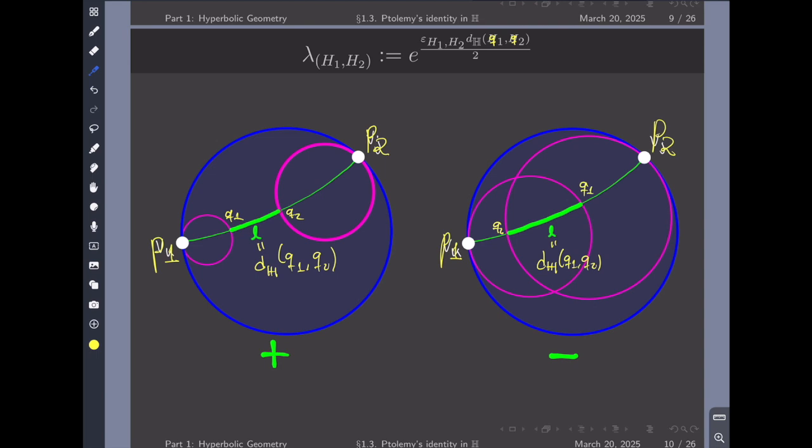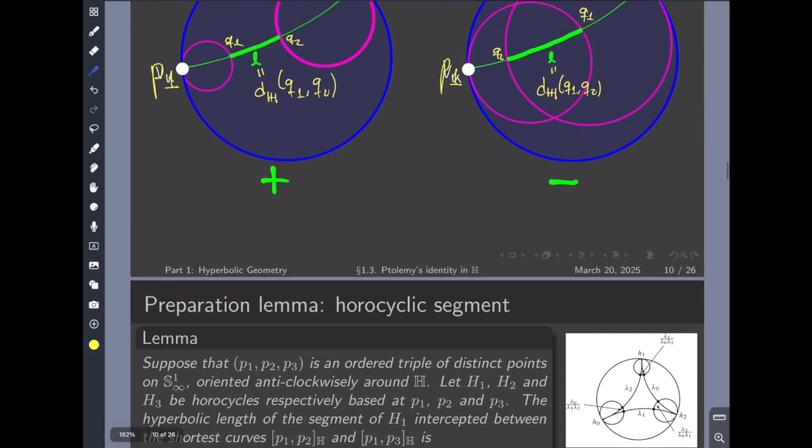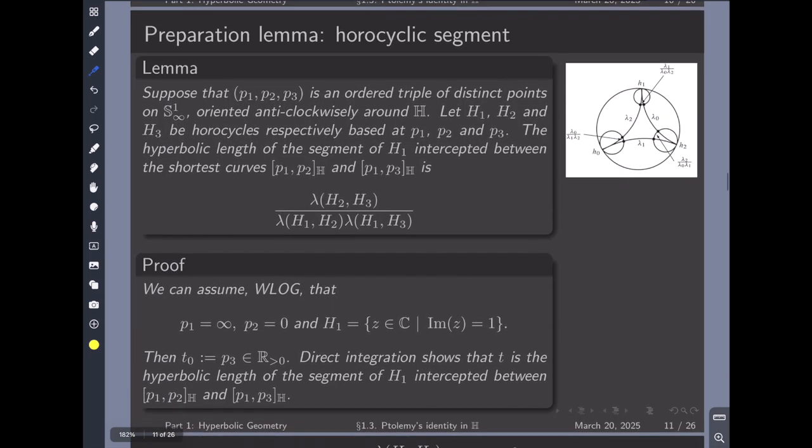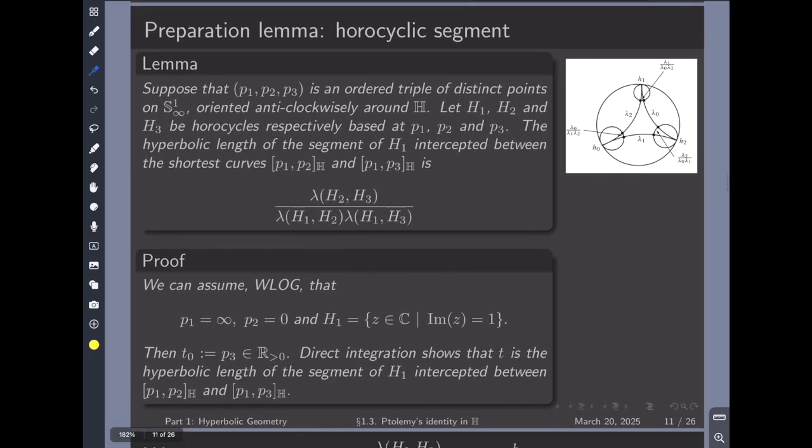And actually, some other interesting things happen. I can come back to that later if you want. Now a preparation lemma, which I think is also by Penner.